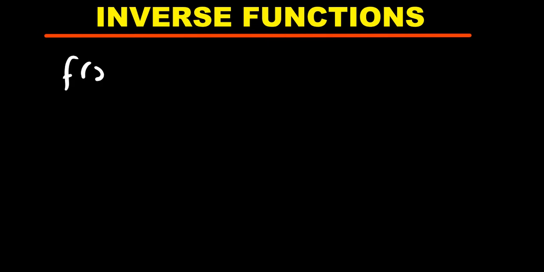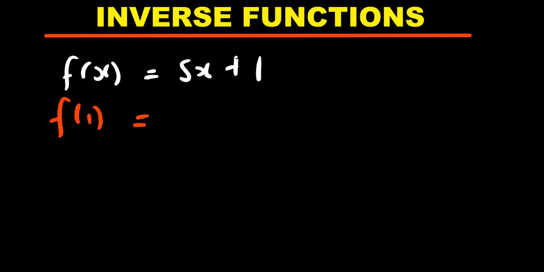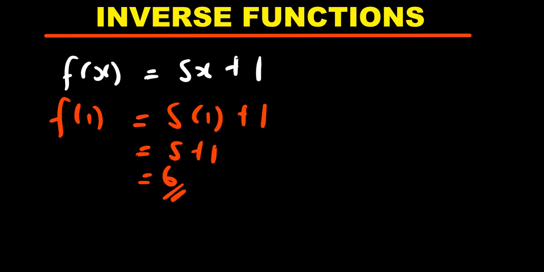Let's say you're given f of x equals 5x plus 1, and they've asked you to find f of 1. You're going to say f of 1 will be equal to, wherever there is x, you replace it by 1. So you have 5 plus 1, which will give us 6.